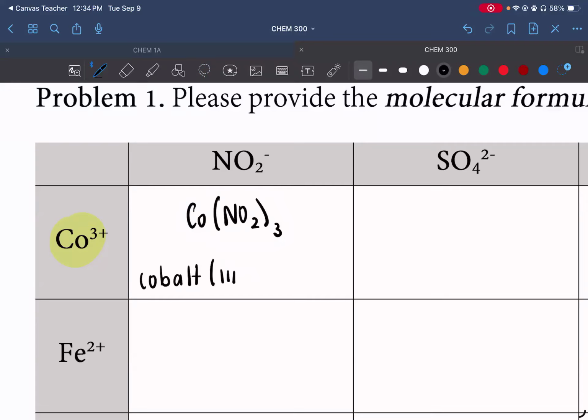The charge has been told to us as 3+. So cobalt(III). And the name of the anion is nitrate, right? No. What is it? Nitrite, right? So there's an I right here. So be careful about that.